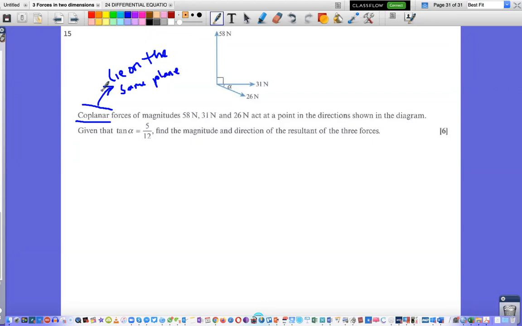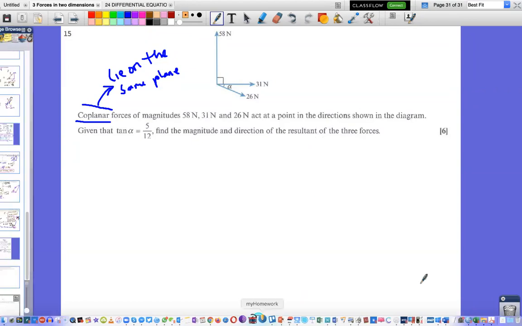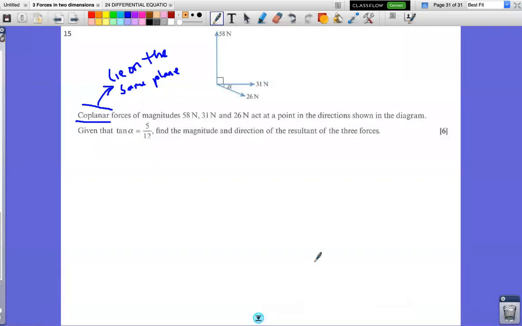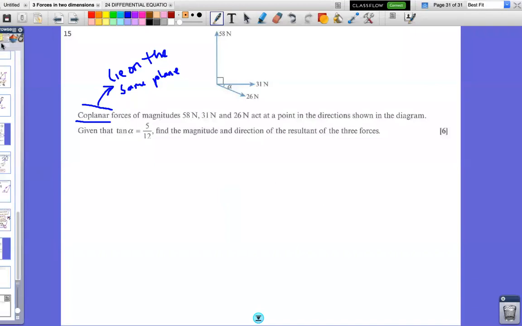Meaning that if my computer screen is a plane, then all the forces lie on this plane. No force is perpendicular or at an angle to this screen, okay? So all the forces are on this plane.